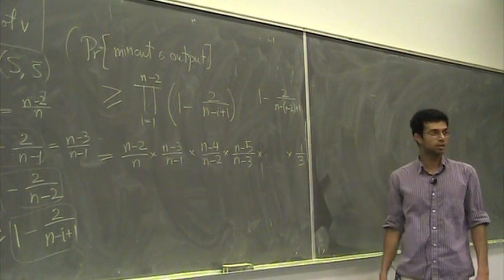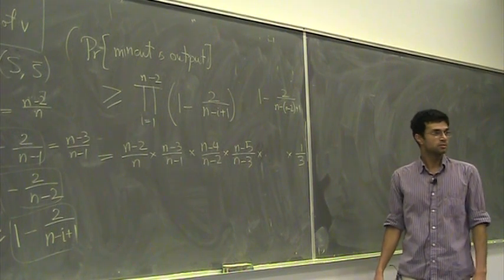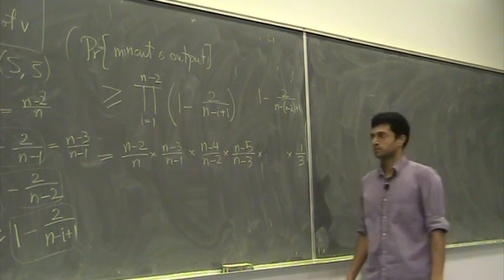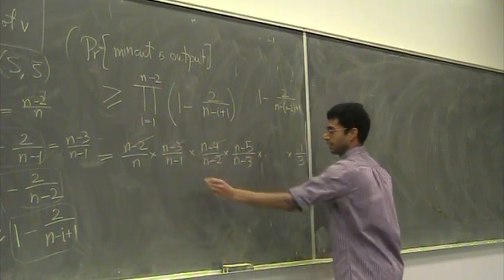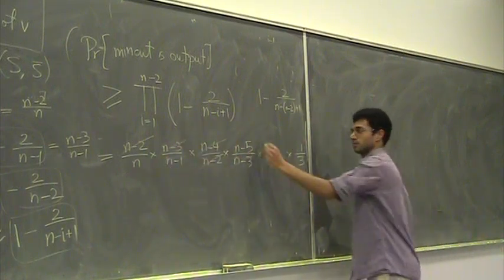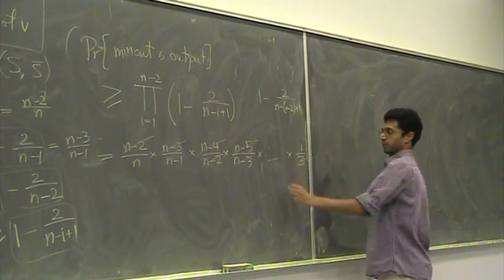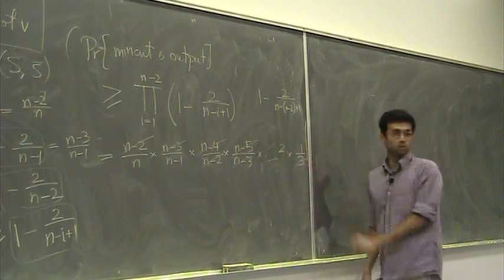Do you see stuff canceling out? That cancels out with that, that cancels out with that, canceling, canceling, that will cancel out with the 3. You have a 2 left over here.